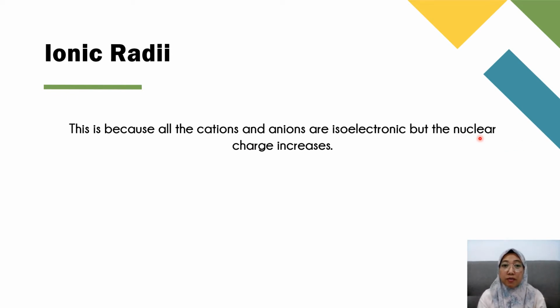So proton number for sodium is 11. Proton number of magnesium is 12. Therefore, the nuclear charge for magnesium is higher than sodium. Therefore, there is more attraction in magnesium compared to sodium ion.